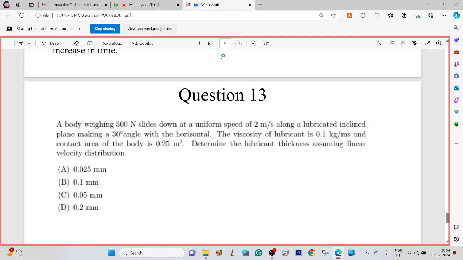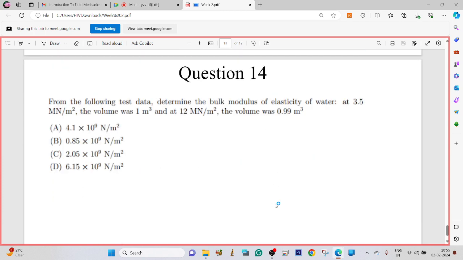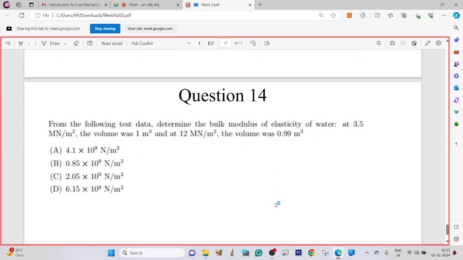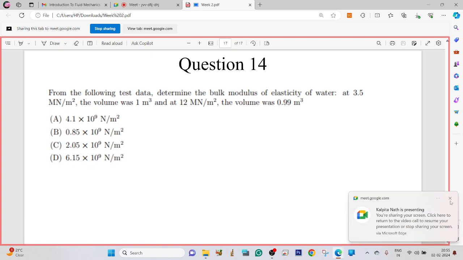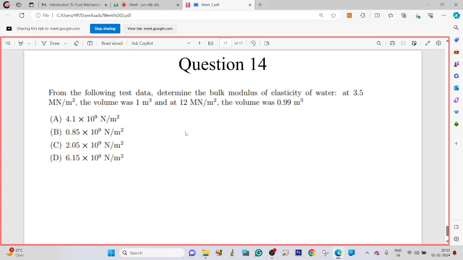Let's proceed to the next question, and last question this is. This is the last for today, and 5 minutes left. So we will take 2 minutes to answer this and then we'll proceed with the solution. For the following test data, determine the bulk modulus of elasticity.